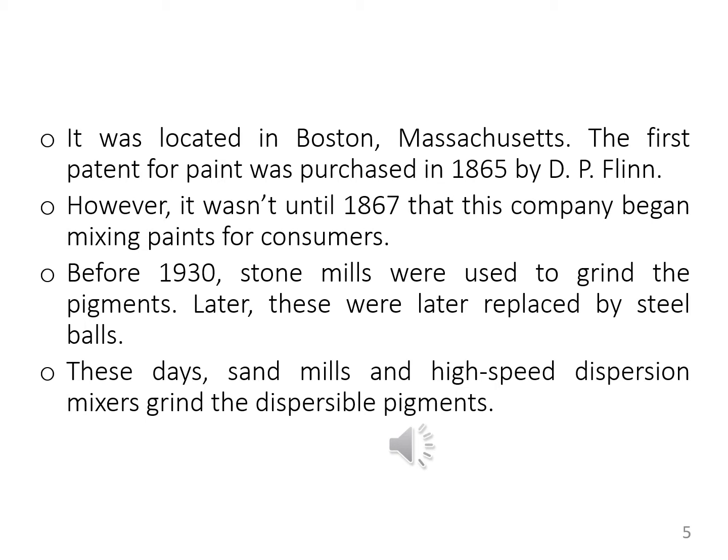The paints were ground by using the stone mills, and in the stone mills the pigments were placed and then they were ground. The stone mills were replaced by the steel bars. After the stone mills, the steel bars were used to grind the pigments.